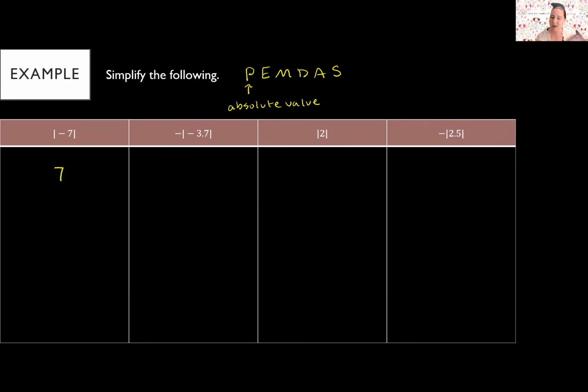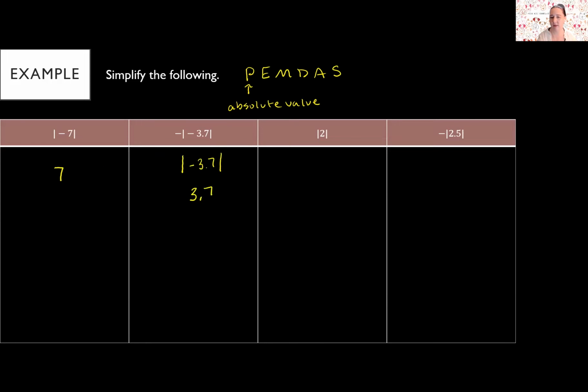So if you were to take the negative on the outside of the absolute value and say, oh, two negatives make a positive, that would be multiplication. But multiplication comes after you do the absolute value. So you have to actually do the absolute value first, then deal with the negative on the outside. The absolute value of -3.7 is a positive 3.7.